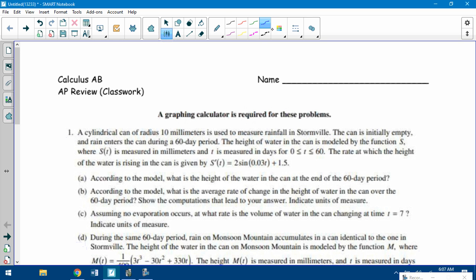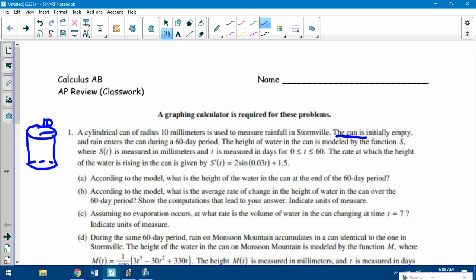We've got a cylindrical can, something like that. They tell us the radius is 10. And the other pertinent information is that the can's initially empty.